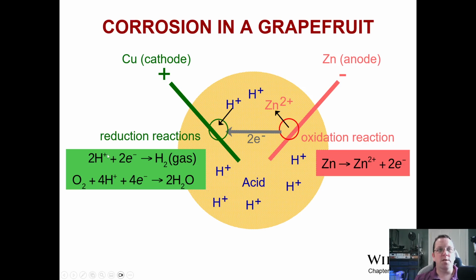So adding the two protons and the two electrons together gives us the hydrogen gas at the site of the cathode here. So the electrons are passing from the anode, the thing that's almost always being sacrificed. The electrons are being stripped away. Those ions are leaving the material, so the material is being eaten away by the acid.